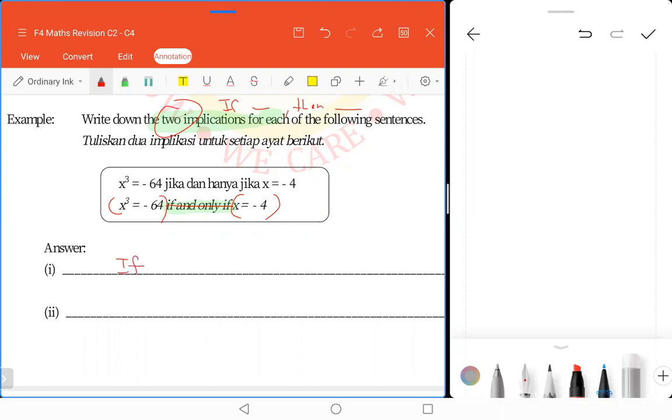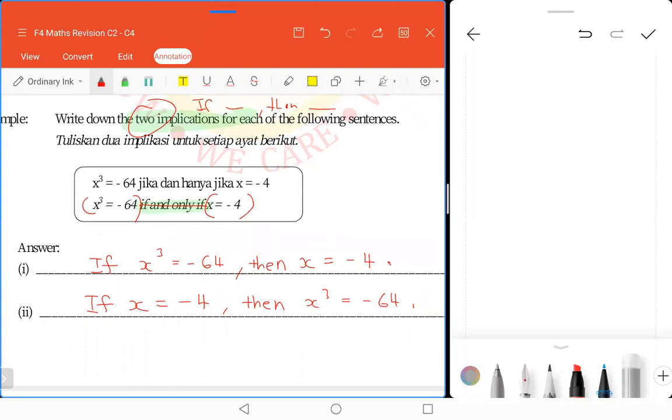So answer 1: if x cubed equal to negative 64, then x equal to negative 4. Second one, bring sentence B to the front. So it will be: if x equal to negative 4, then x cubed equal to negative 64. So like this, you will have 2 marks.